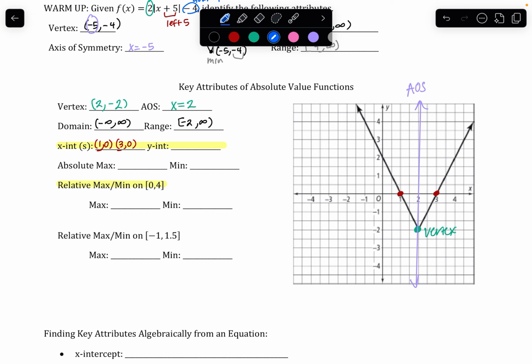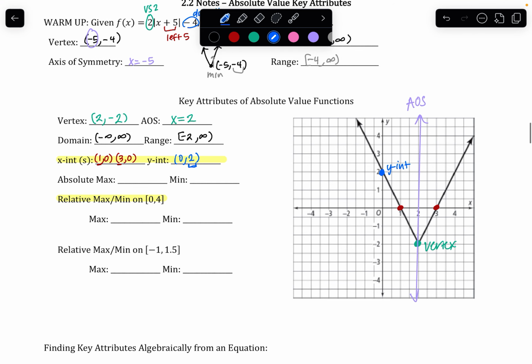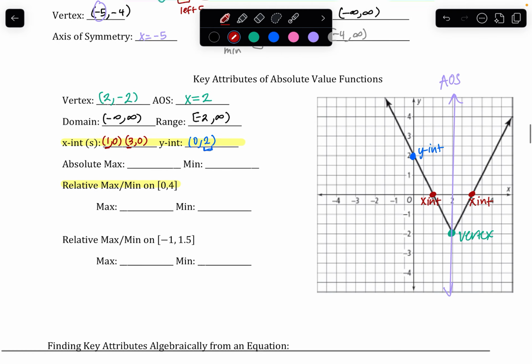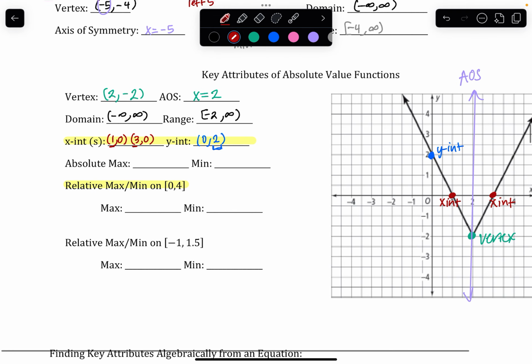Okay, and then our y-intercept is 0, 2. The y-intercept is a y value when x is 0. Okay. And so we have 2 x-intercepts because of the V shape. And then you'll always only have 1 y-intercept because it's a function and it passes the vertical line test.